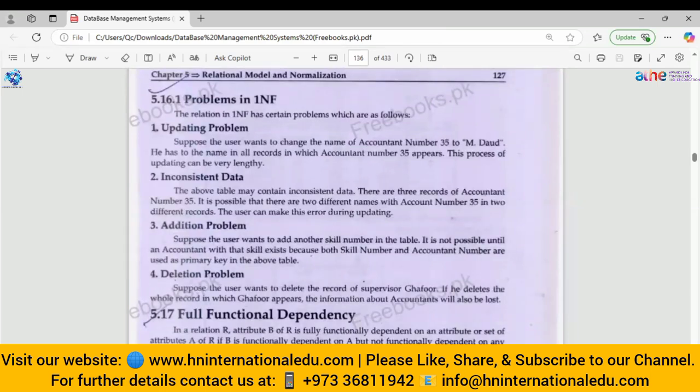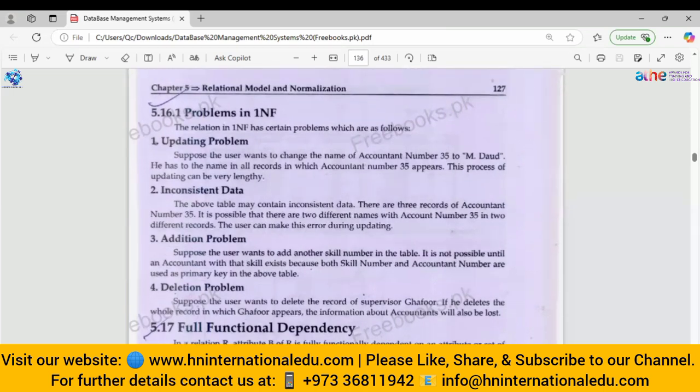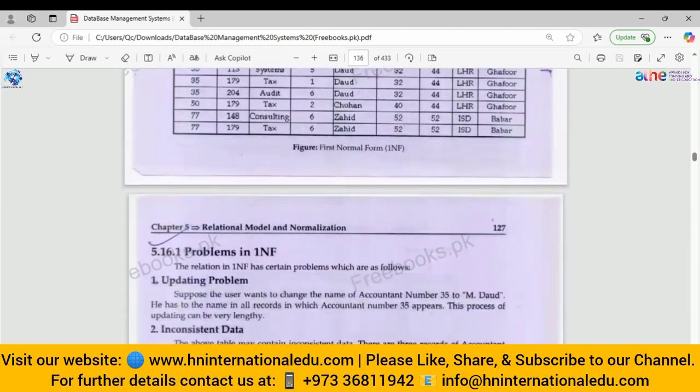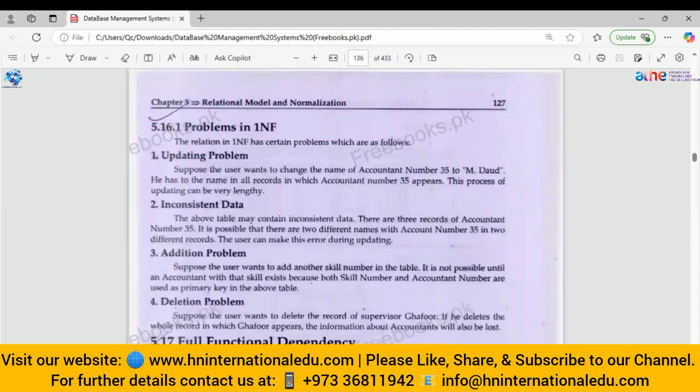Now here, the problem is the updating problem. Let's suppose the user wants to change the name of accountant number 35. What is the name of accountant number 35? Let's see, it's Daud. But we want to change it from Daud to M Daud. You can see that the accountant name Daud is repeating multiple times at multiple places. So we have to change this name at different places.